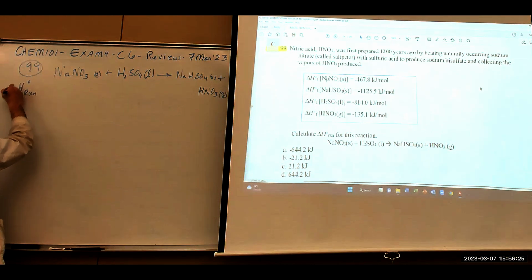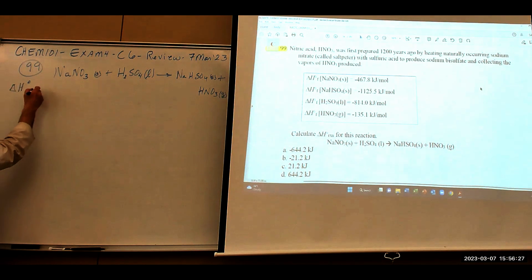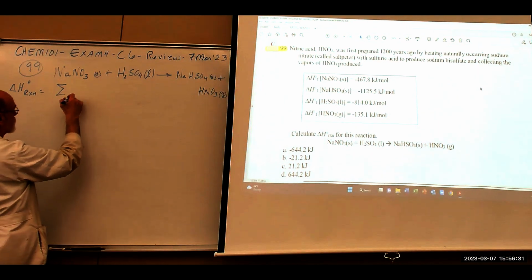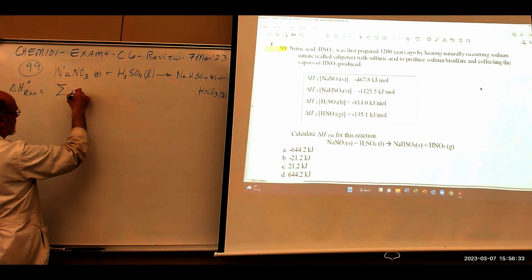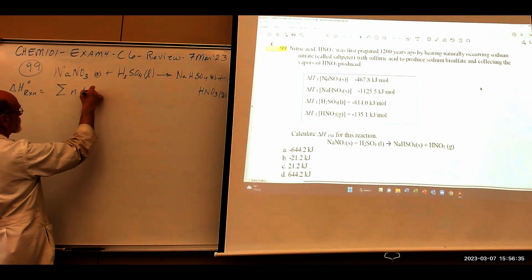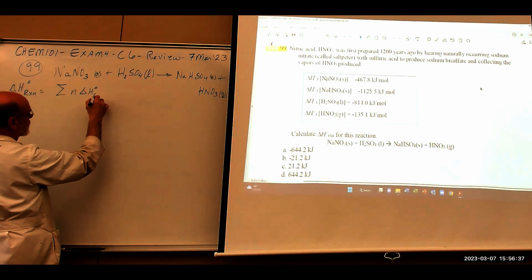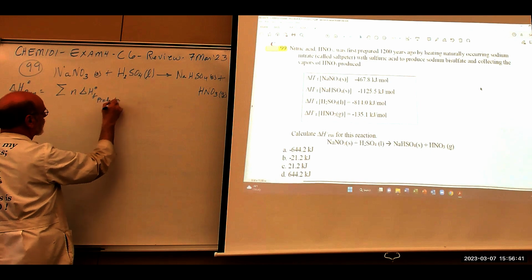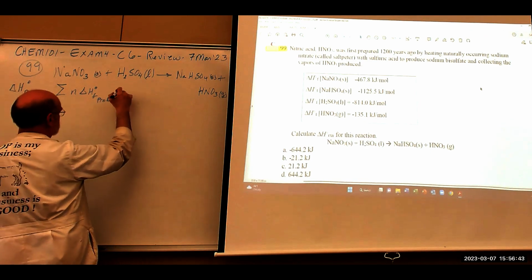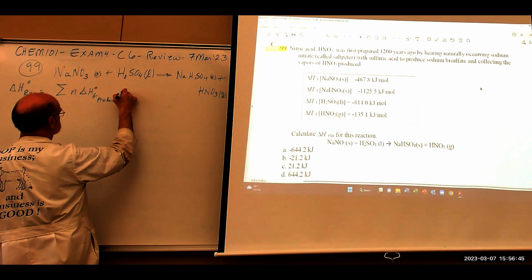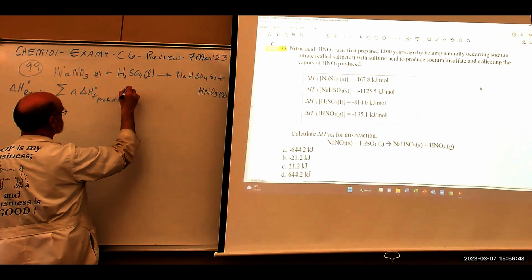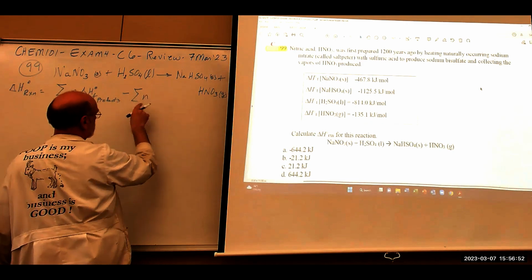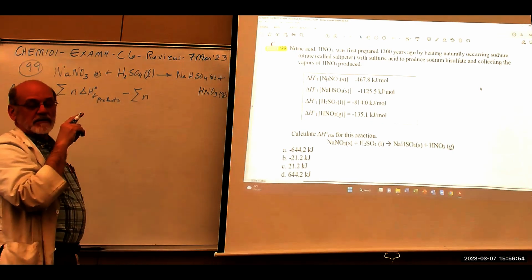The standard enthalpy for that reaction is equal to the sum of the n times the delta H's of formation for the products, and minus the sum, and these n's are coefficients.